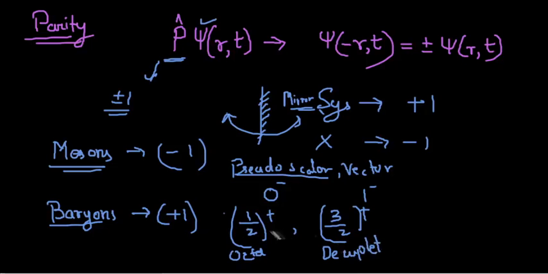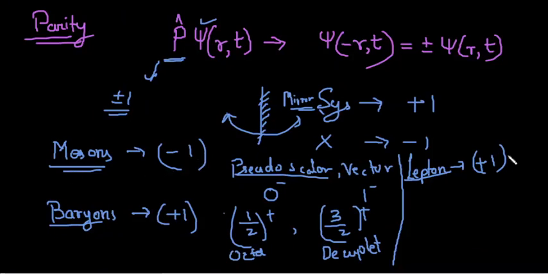So this way we have seen the total angular momentum and the parity as well, so it is easy to remember. Then leptons are again positive parity. Leptons are having positive parity, baryons are having positive parity, but mesons are having a negative parity.